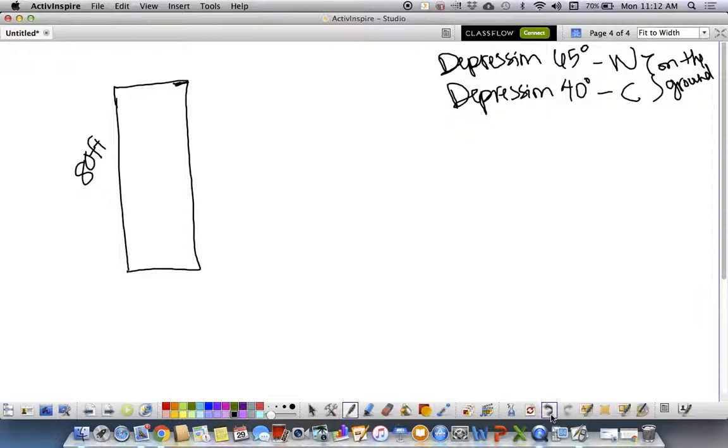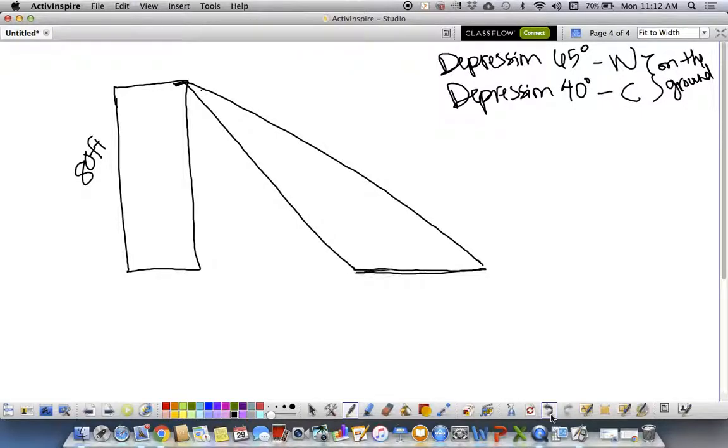One's going to be like this, and then one's going to be like this, and you're looking for this. Can somebody logically tell me, raise your hand, which one is farther away?